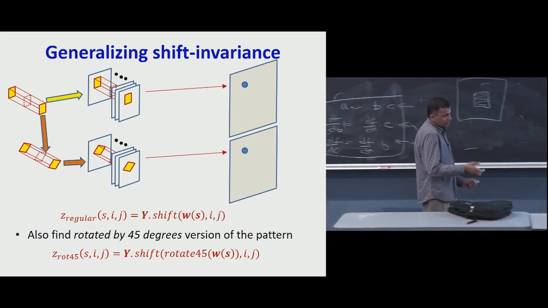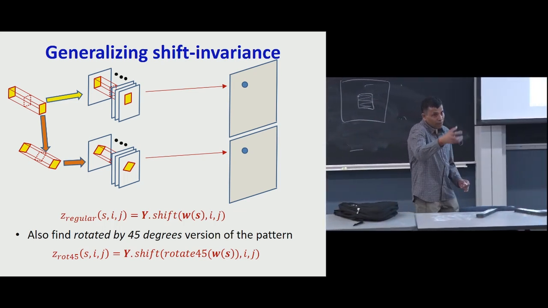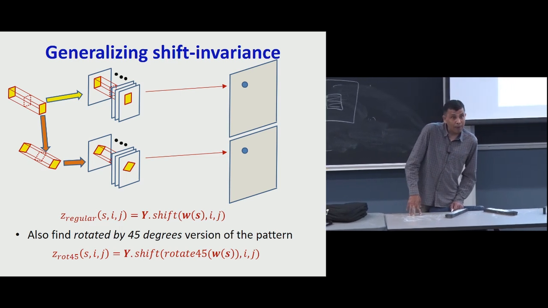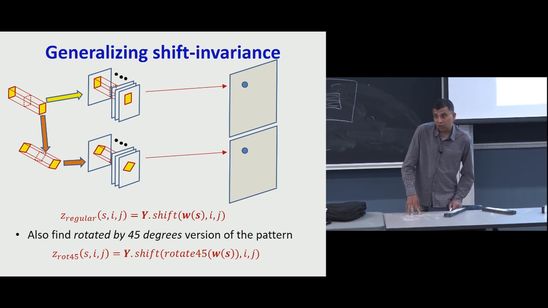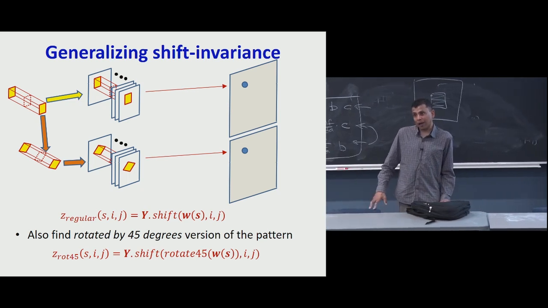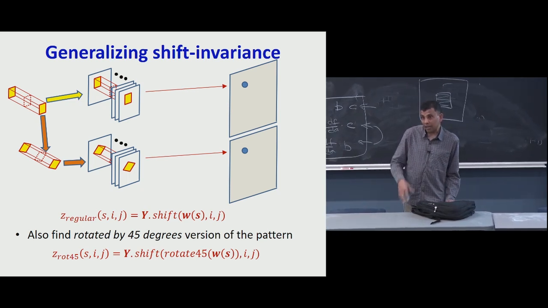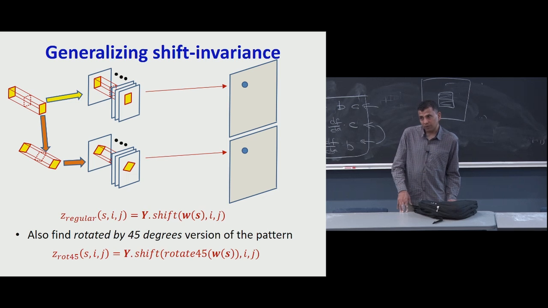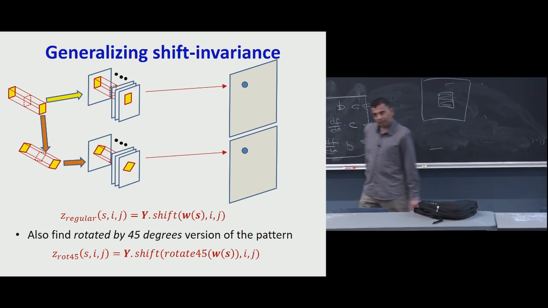Correct? So there's an entire collection of transforms that I can permit. I take my basic filters and create many copies of them. It's the same pattern. So I won't have different filters for different sizes. It's the same pattern, right? I'm just going to put that filter through different transforms, a rotation by 45 degrees, a scaling by a factor of 2. And I'm going to scan by each of these. And I'm going to get a whole bunch of different maps on which I'll be performing my operations. Right?